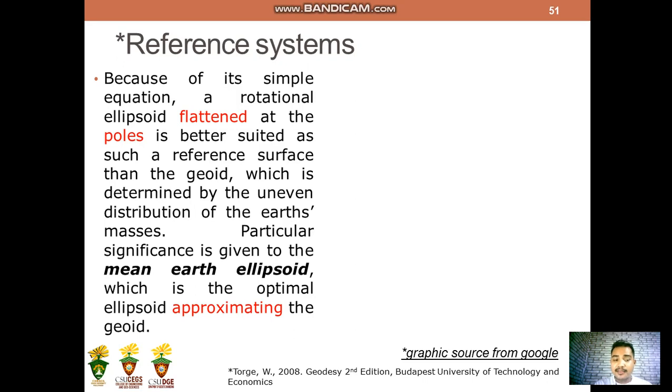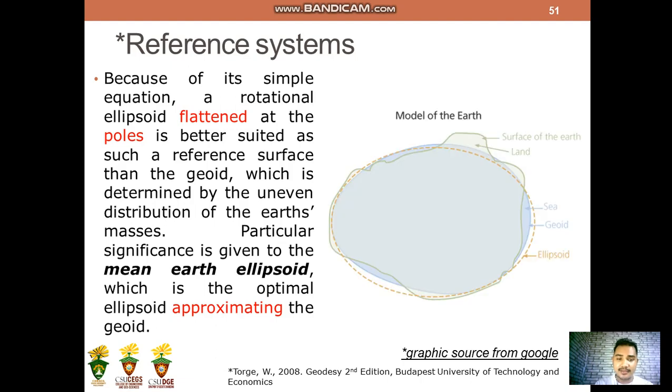So, again, the ellipsoid is now what we use for the geometric calculations of the Earth, because of its simple equation, as stated in the previous slide. It approximates the geoid. As you can see, the surface of the Earth is the green one, and the blue one is the geoid.